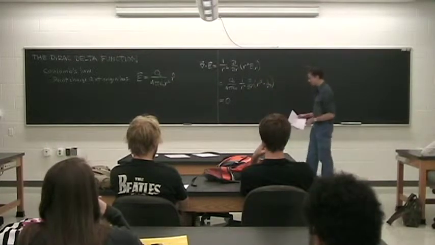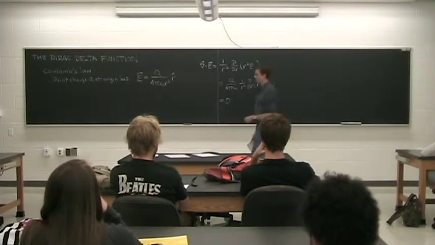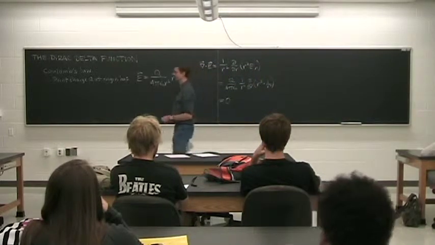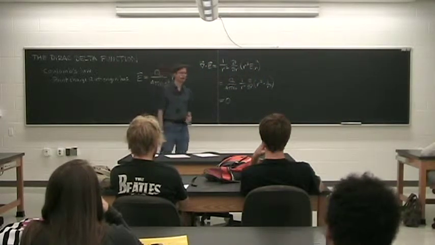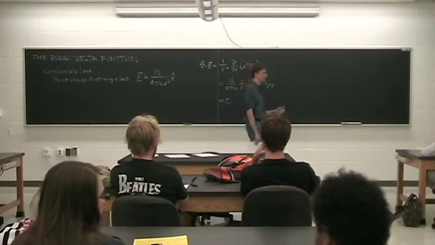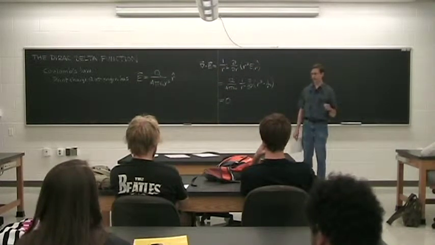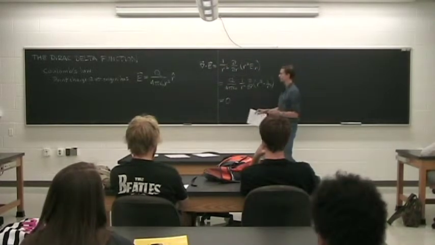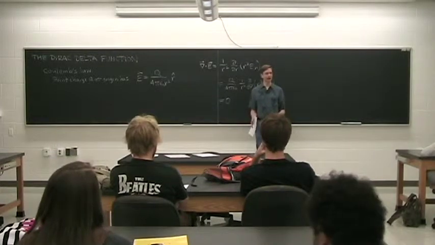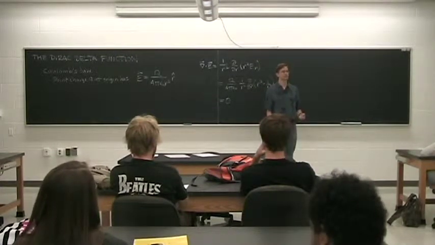Now, in that homework problem, it says that this might be confusing. Why is this confusing? The answer I was looking for was that this electric field has a net outwards flux for any surface that you draw around the origin.